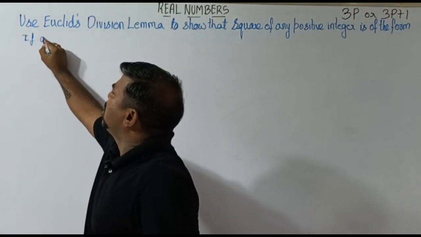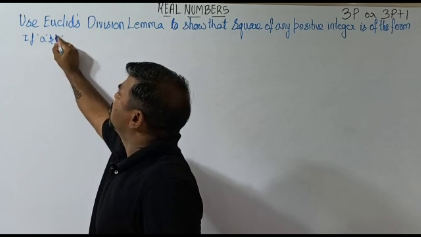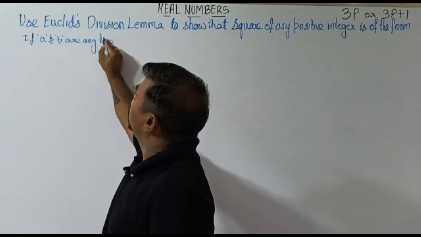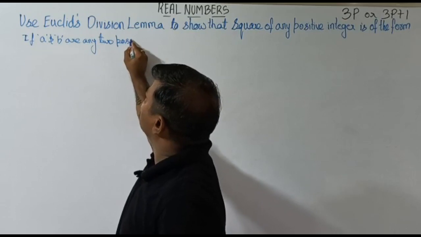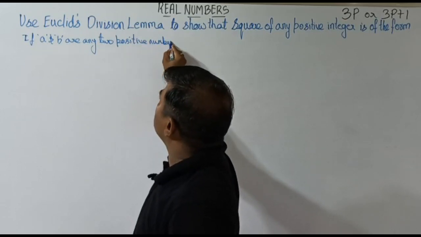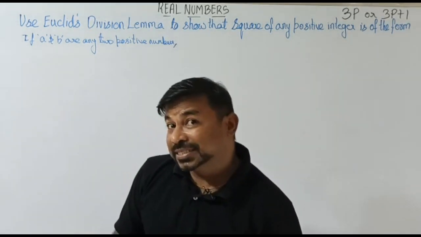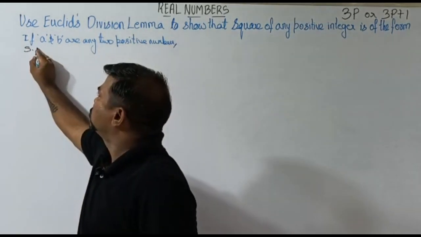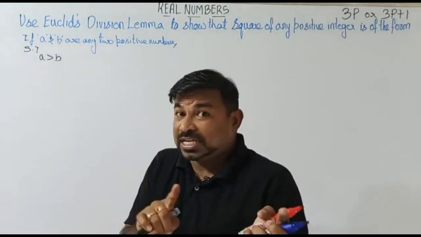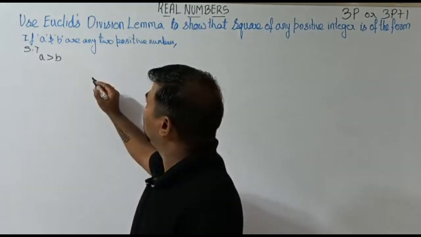If A and B are any two positive numbers such that A is greater than B, we have taken A such that it is greater than B, right?